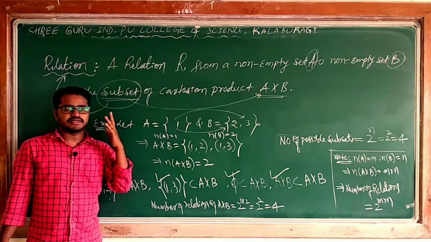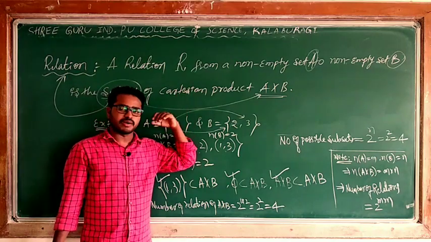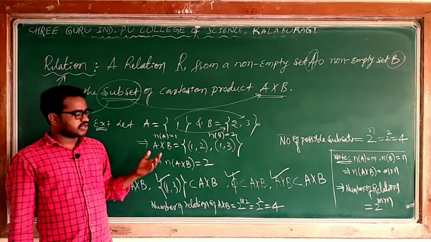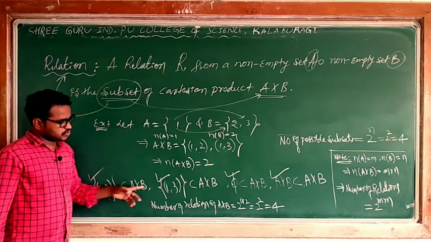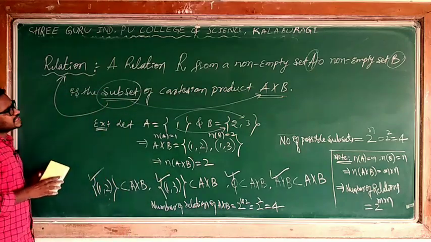As we did in the case of the power set, it is 2 to the power of the number of elements. The number of elements of A cross B is 2, and 2 to the power 2 gives 4. This is about relations.